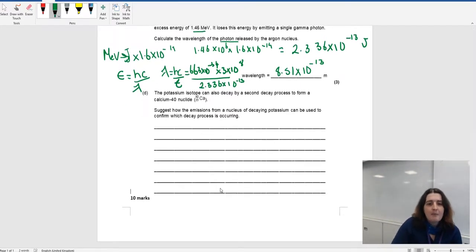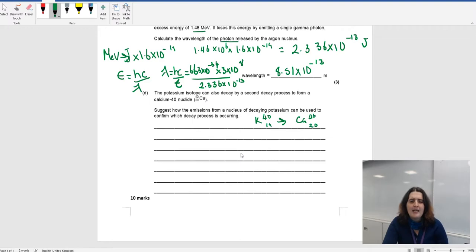So the potassium isotope can decay by a second decay process to form this calcium nuclide. Suggest how the emissions from the nucleus of a decay method can be used to confirm which decay process is going on. So I'm going from potassium 40-19 to calcium 40-20.